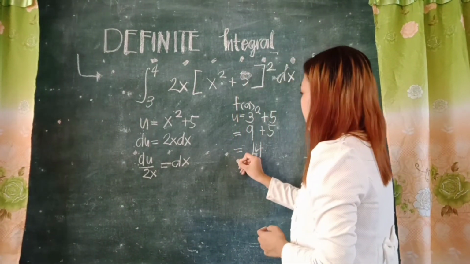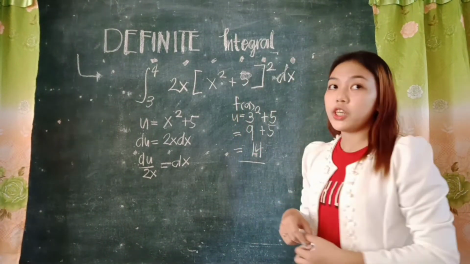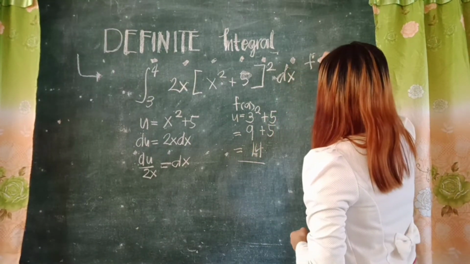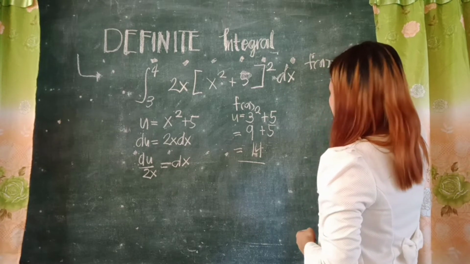So 14 is the new value of our lower limit. So f of a is equal to 14.